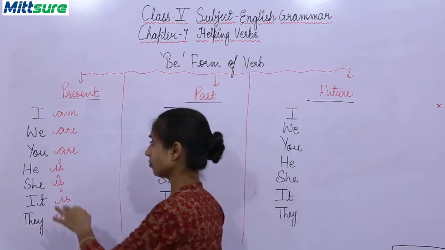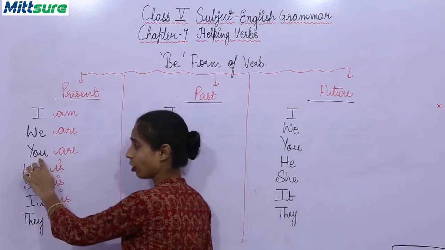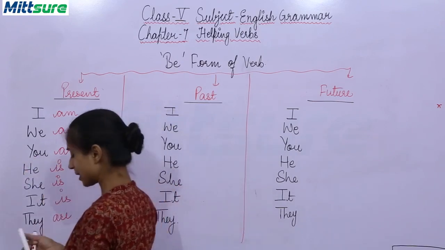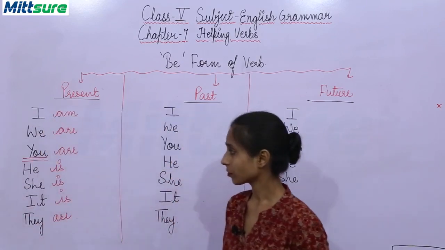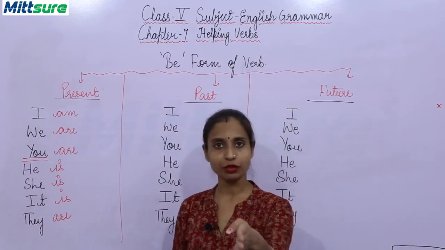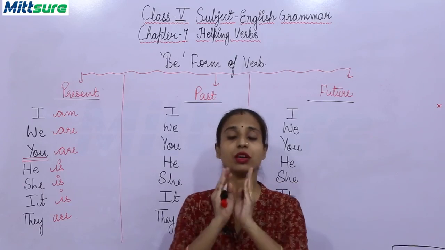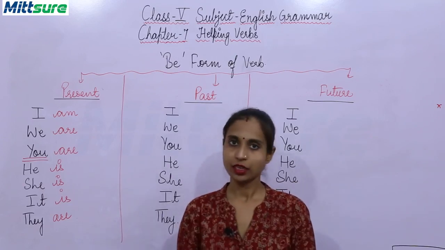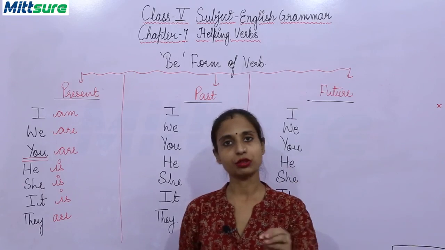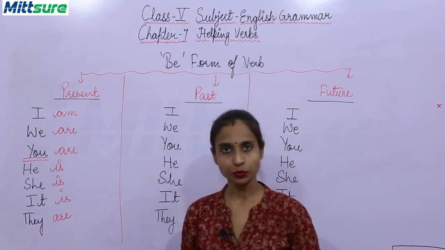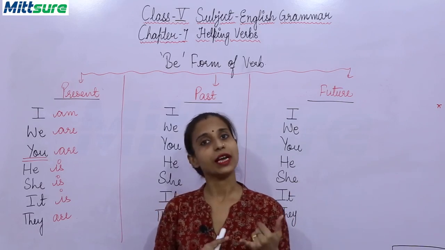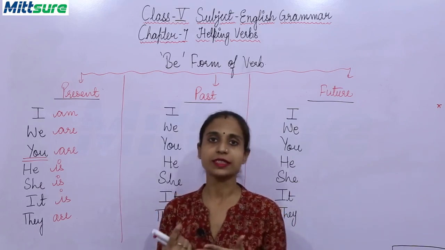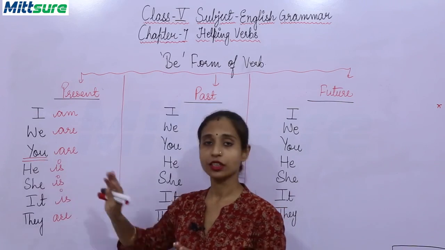Then, you. You is an exceptional subject, as you can be singular also, when I am talking to a single student. For that student also I am going to use you. When I am talking to the whole class, then also I am going to use the second person pronoun, that is you.